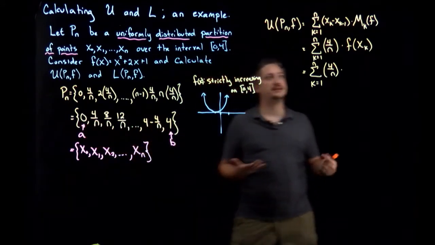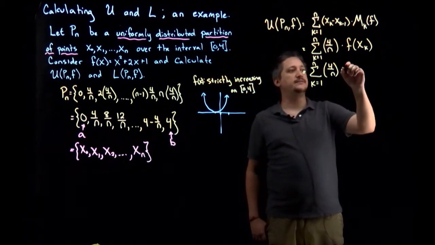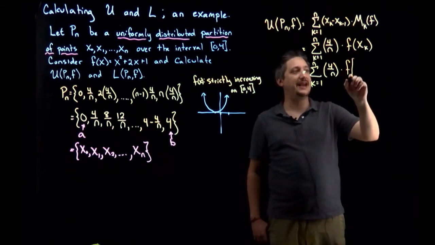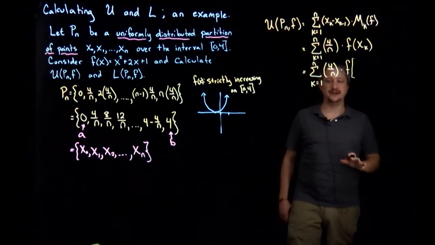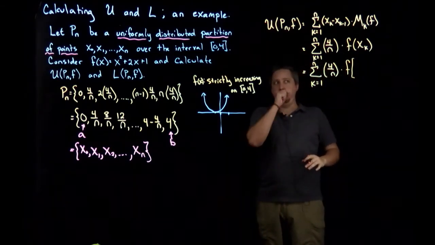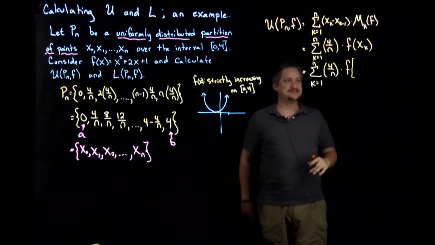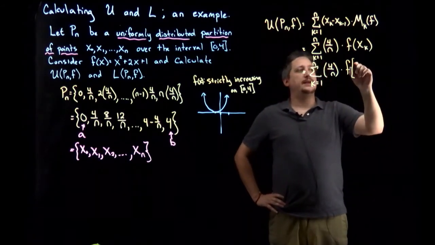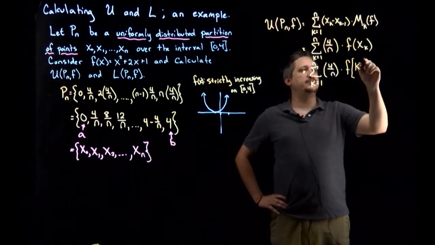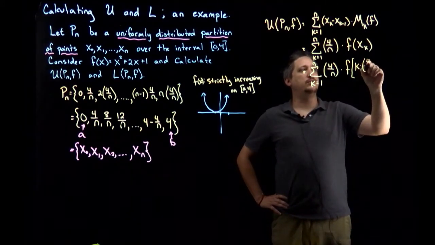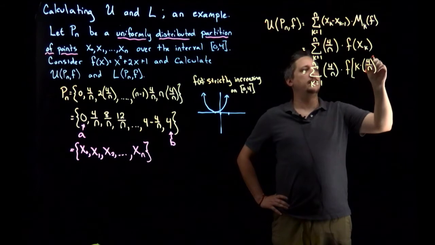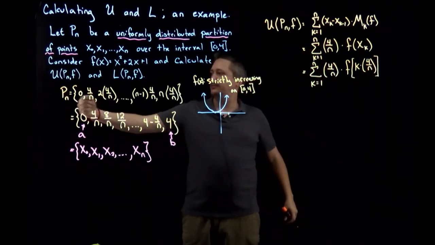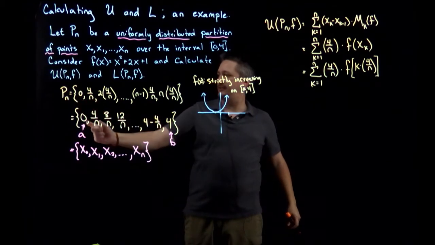So for the kth rectangle, remember, this is just the x value itself, not the f of x value. Excuse me, the x sub k value is going to be k times 4 over n, right? Because I'm taking the right-hand most of the two.